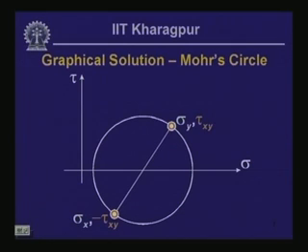So, what we had there, if you recall, the element has sigma x and tau xy, and sigma y and tau xy.